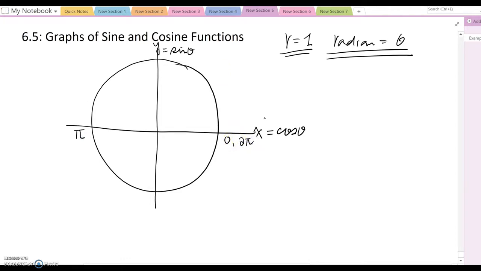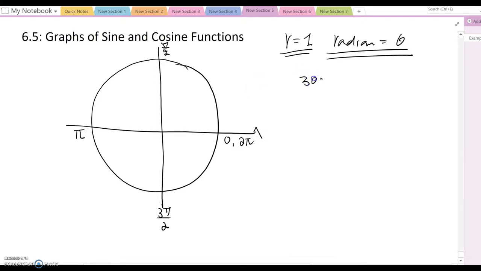And now this will be pi over 2, and then 3 pi over 2 here. Okay? So let's review briefly the 30, 60, and 90 triangle case.